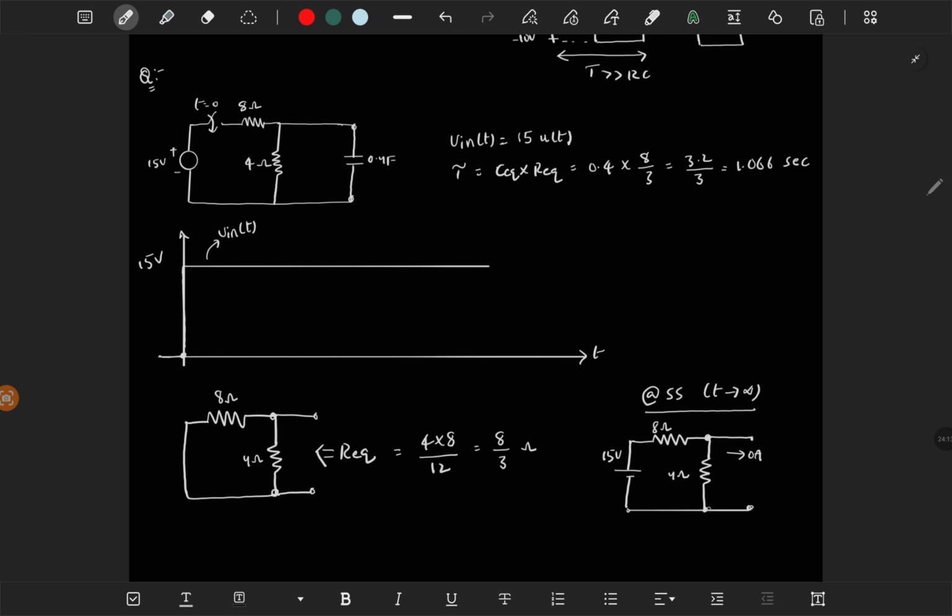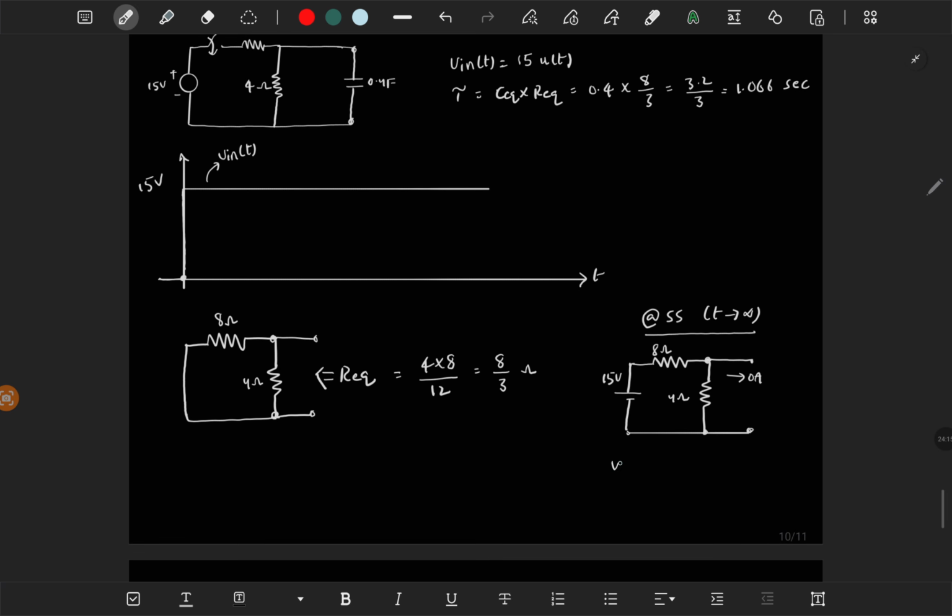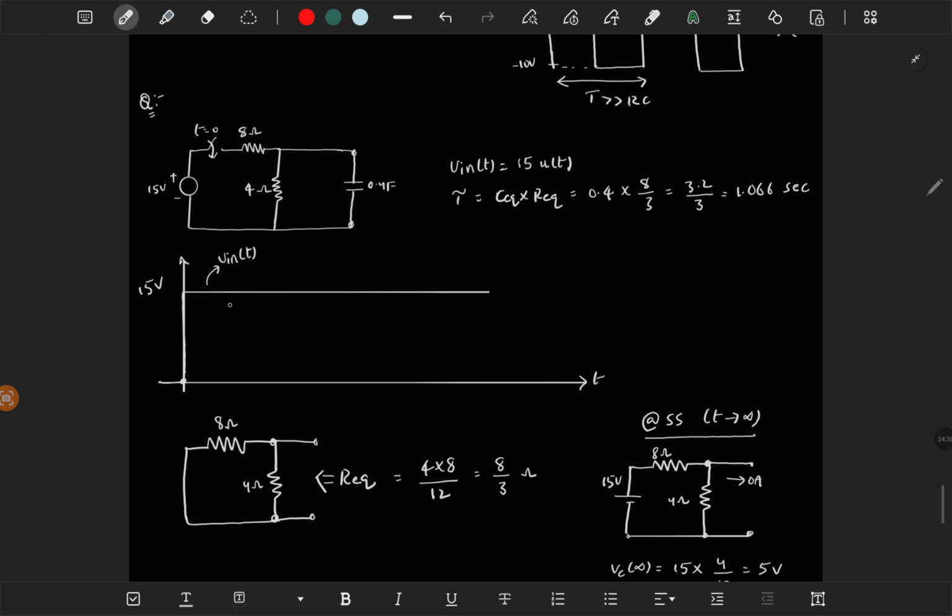What is this voltage? Vc of infinity is, it's a voltage divider, so it's 4 by 12, which is 5 volt. So it will not charge to 15 volt. It will charge to only 5 volt at steady state, right?